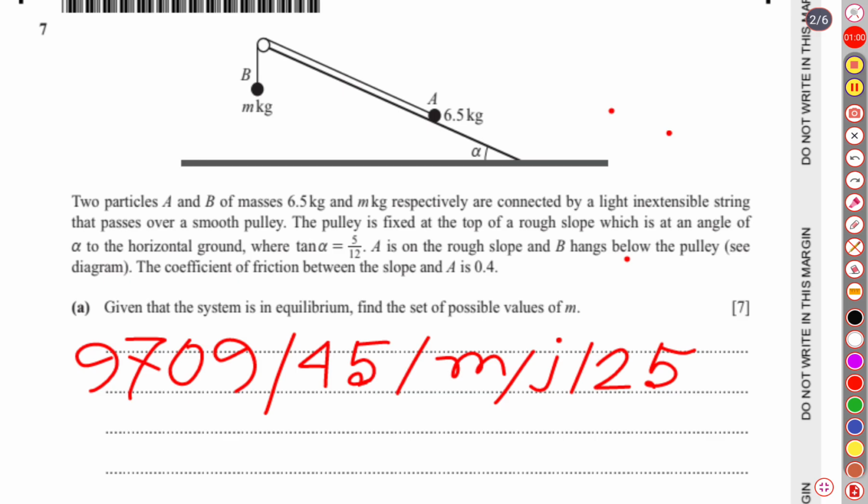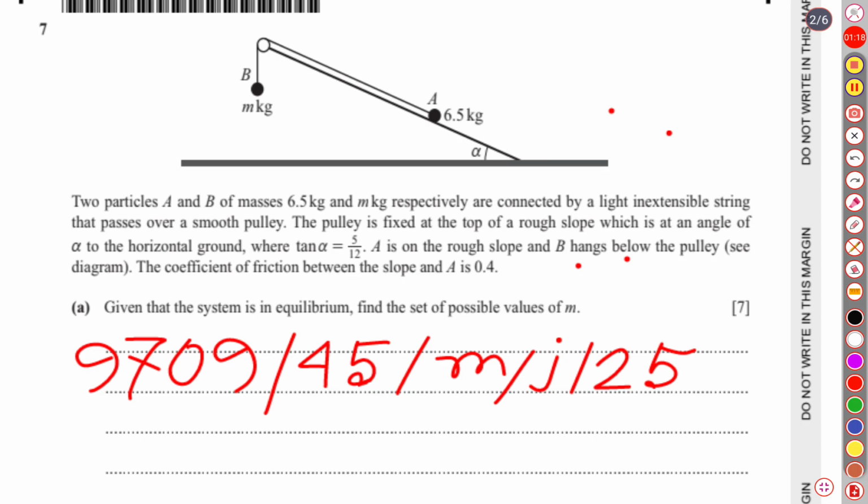A is on the rough slope and B hangs below the pulley. The coefficient of friction between the slope and A is 0.4. Given that the system is in equilibrium, find the set of possible values of m.